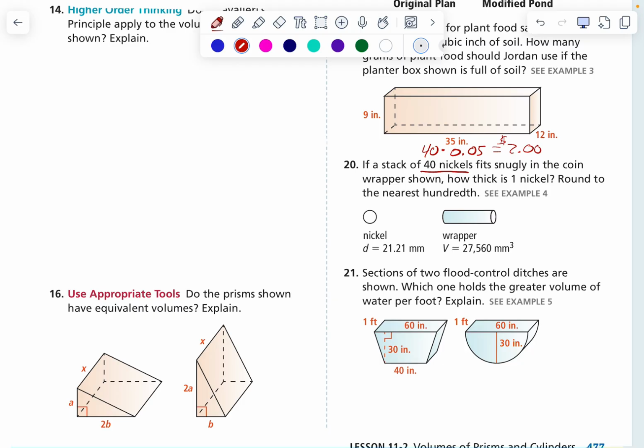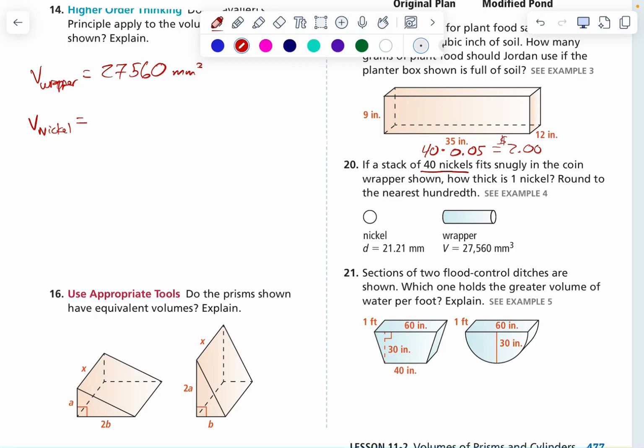Jordan. All right. The volume of the wrapper is 27,560 millimeters cubed. All right, the diameter of a nickel. So here's this one.